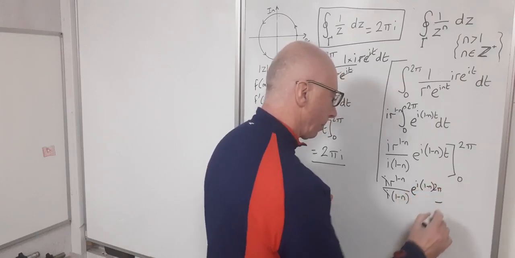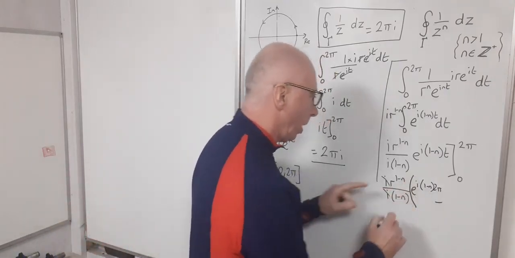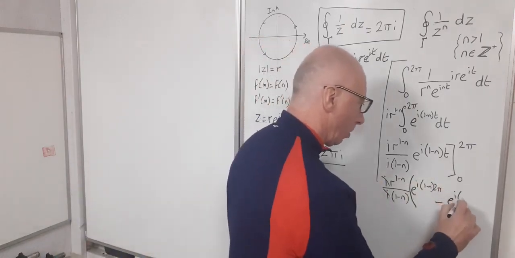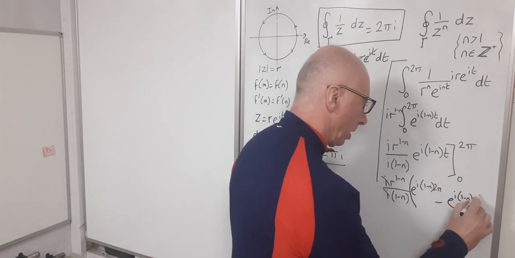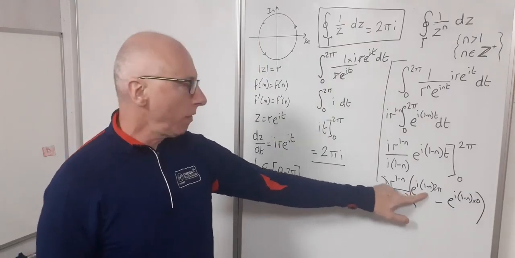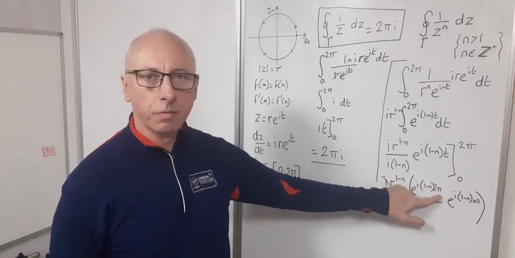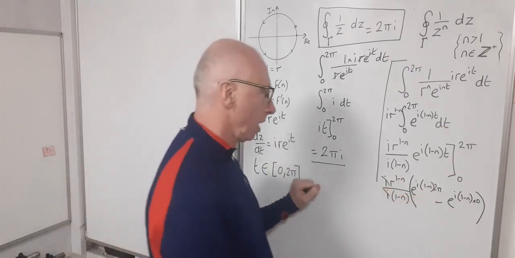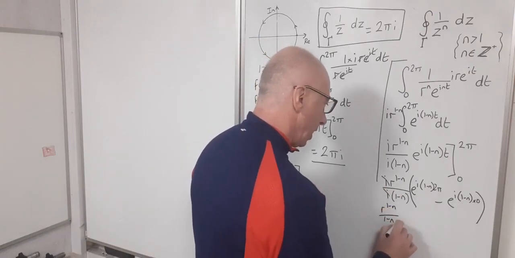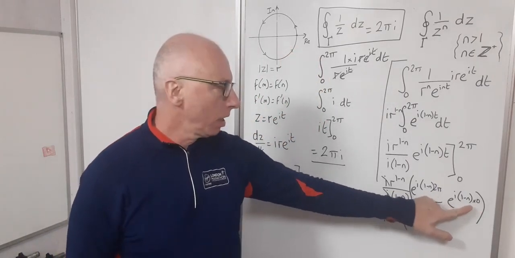And then minus, what we can do here is put this in a bracket and multiply all of it by this, when t is 0: e to the i(1 minus n) times 0. Let's see what that will give us. So e to the i, whatever value n is, as it's an integer, that will be i 2 pi, or i 4 pi, or i minus 2 pi. So now we've got r to the 1 minus n over 1 minus n, and then we've got 1. Then when we've got e to the 0, we've also got 1.